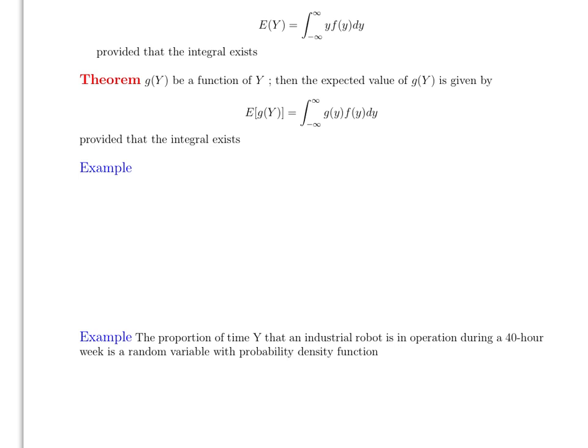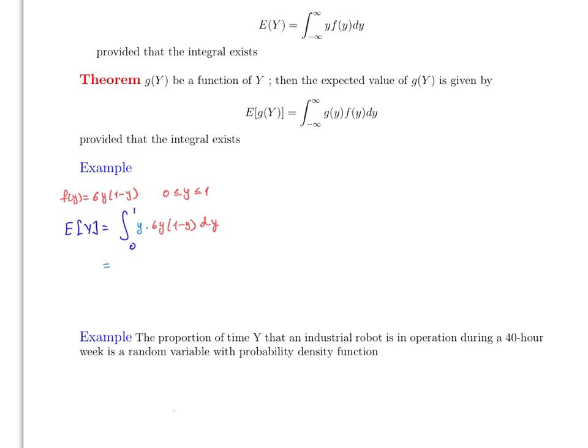So for example, in the previous page, we have the following density function. Remember, f of y was equal to 6y times 1 minus y, and it was only true between 0 and 1. So therefore, if you want to find the expected value of this random variable, this will be the integral from 0 to 1 of y times the density function, which is 6y times 1 minus y dy.